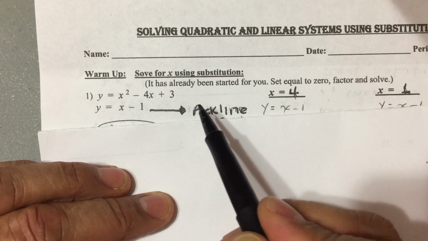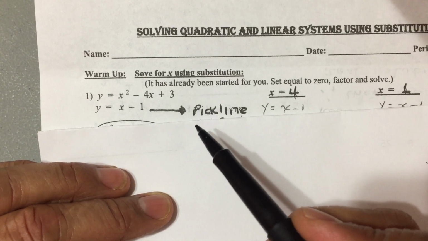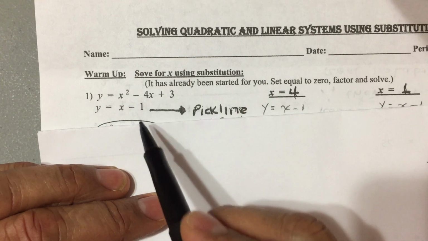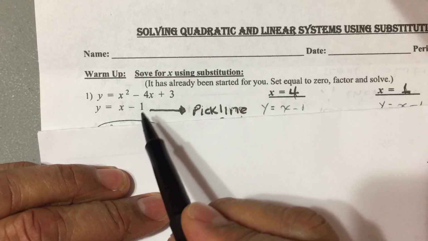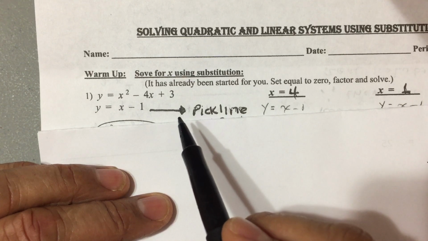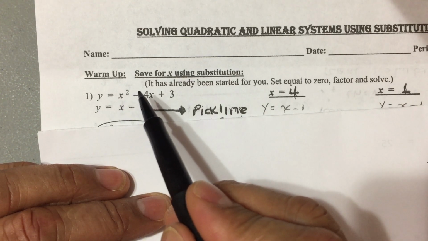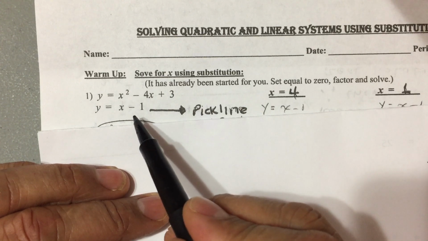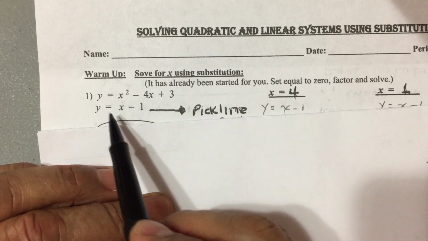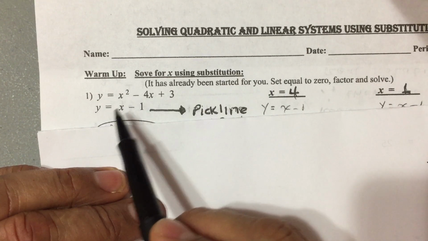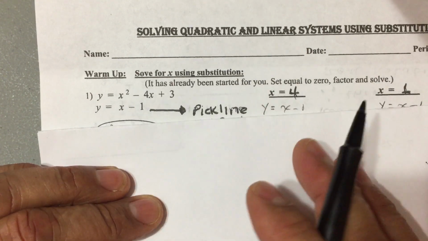What we need to do is find the value of x and the value of y that is part of this system of equations, okay? Those ordered pairs are supposed to be a solution for both, for the parabola, or should I say the quadratic, and the line. So when you have something like this, guys, if you notice, these two y's are already isolated. So you can just put them in the calculator and graph them.